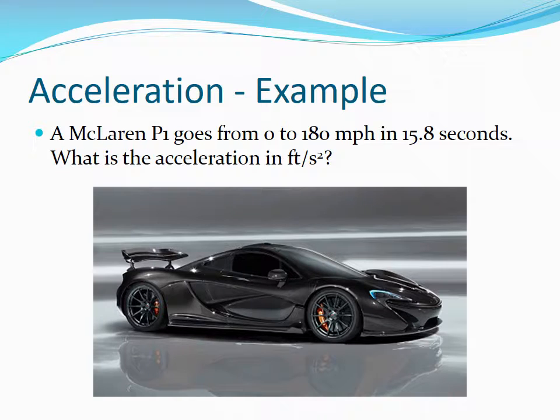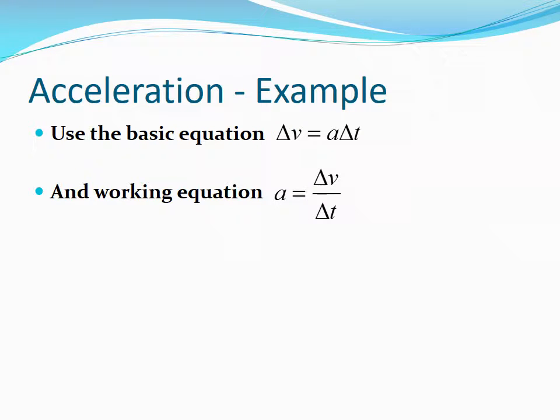A McLaren P1 goes from 0 to 180 miles per hour in 15.8 seconds. What is the acceleration in feet per second squared? The basic equation is delta V equals the acceleration A times the time interval, delta T. The working equation solves the basic equation for the acceleration.